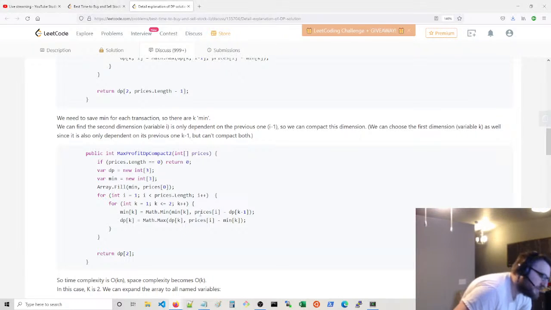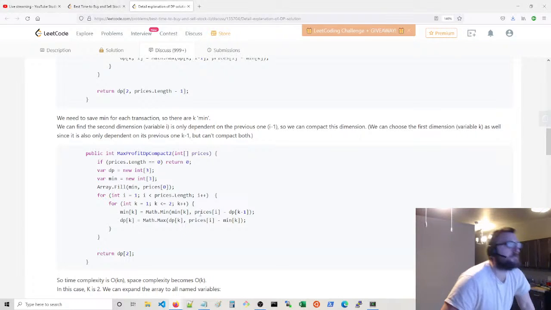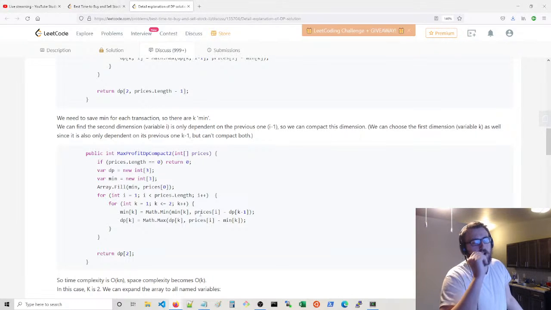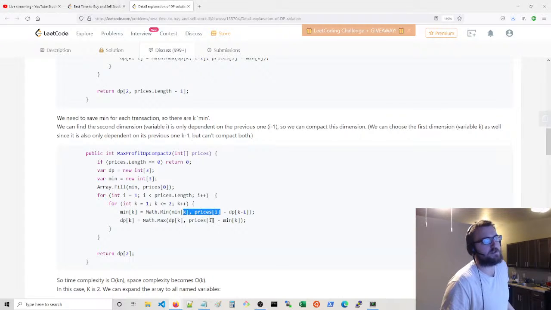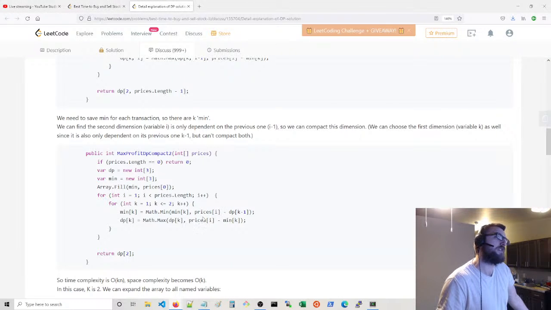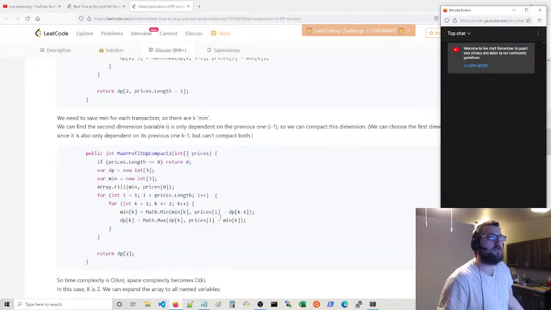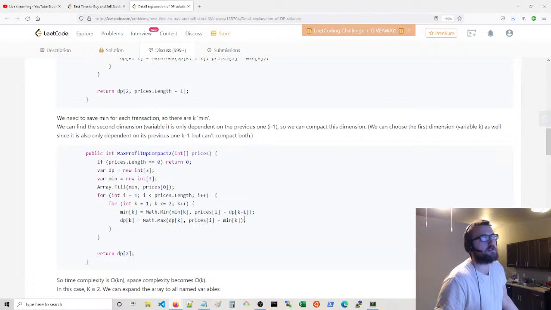No, see, that's the thing. If you get a new value of i, and this minimum of k doesn't change, then the price could increase, right? Maybe the minimum doesn't change, but the price increases. And so now this dp of 1 is larger than what it was.